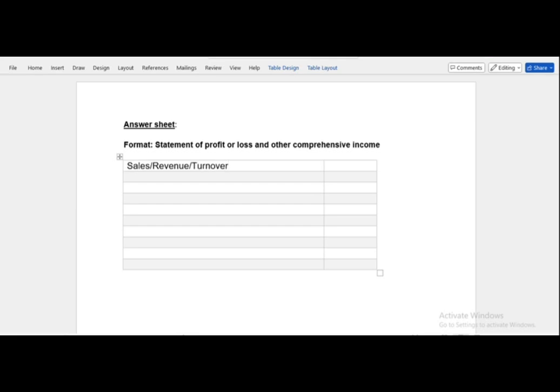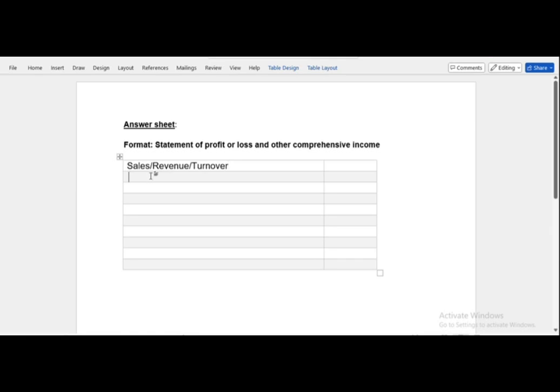So I don't want you to go to a test and find that they give you sales, but it's under the title revenue or turnover, and then you come back saying that the statement of profit or loss and other comprehensive income or income statement did not have sales. There's no way, right? Revenue and turnover are additional terms that are synonyms for sales, all right?